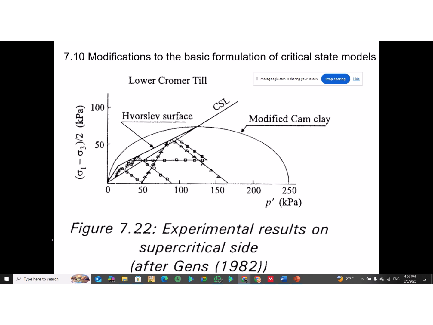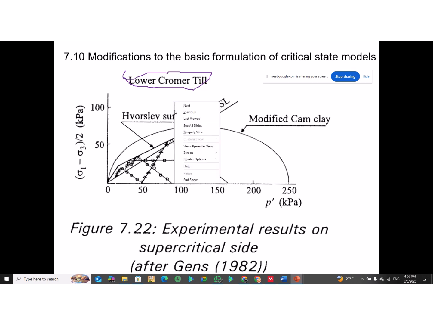So this is the critical state line for Cam clay, but you can see Hvorslev came up with certain modifications, and this is for Lower Cromhall till. So they used this kind of soil. There will be some variation. The best we can do is usually find a good estimate.